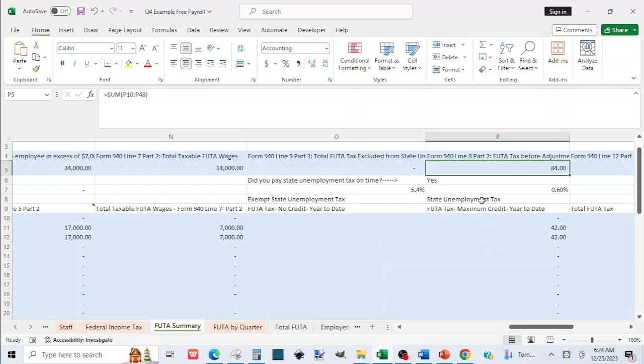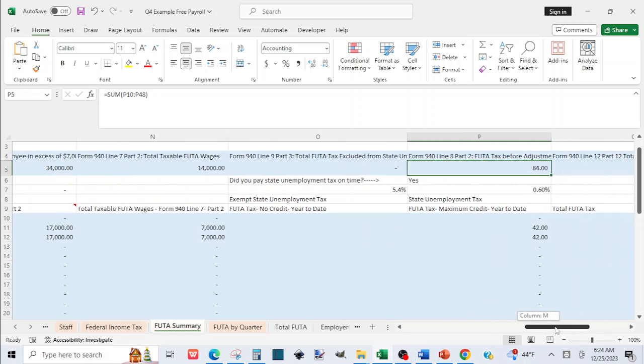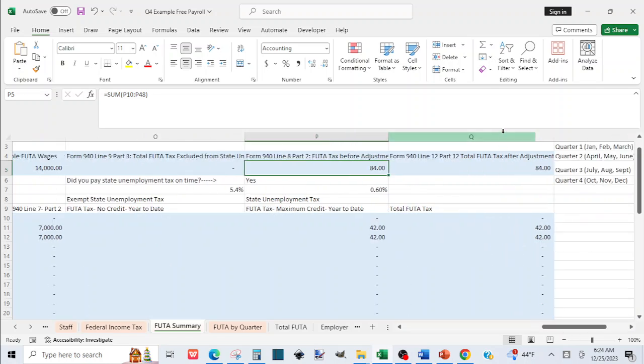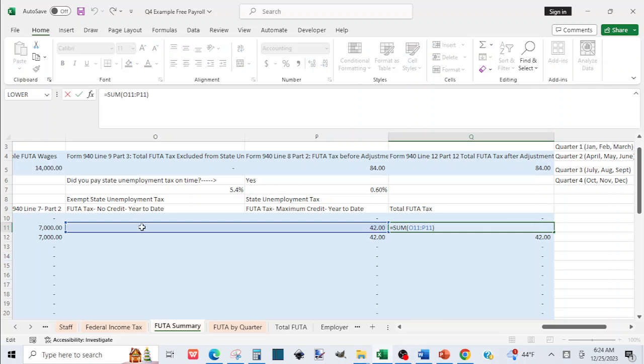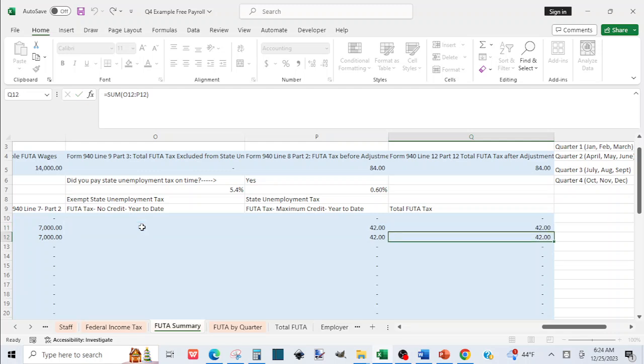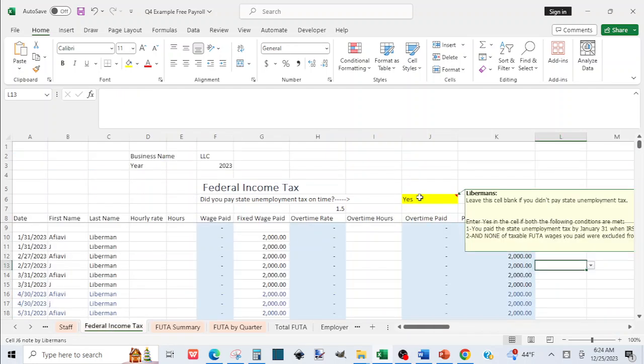If you are qualified for the maximum credit, then you will use the dollar amount from that column. The total FUTA tax is going to apply 5.4% and 0.6%, it's going to take both. So the one on the website behaves like that, but this one has a condition that you have to complete.